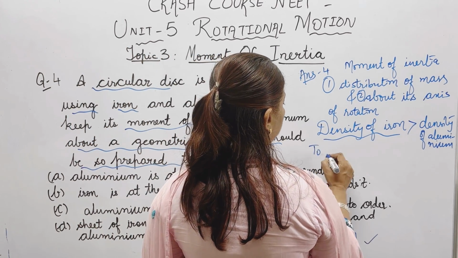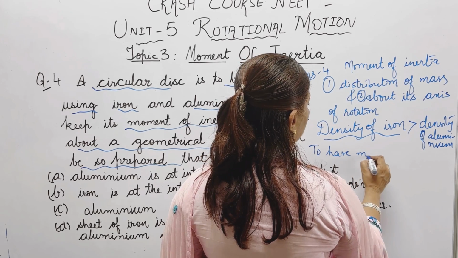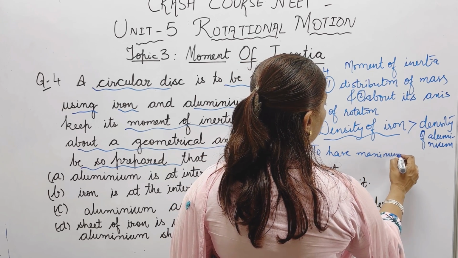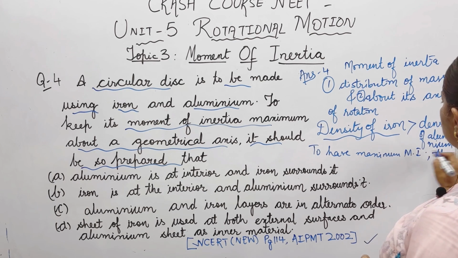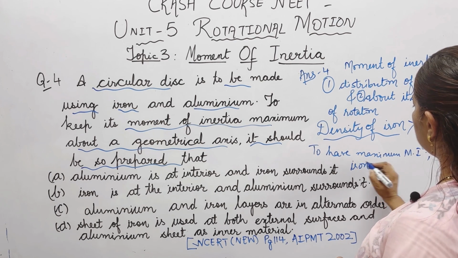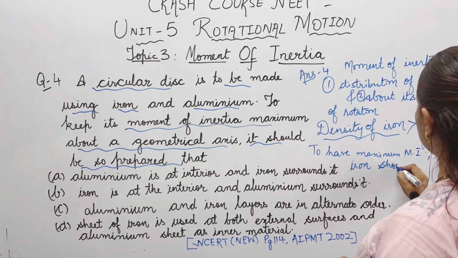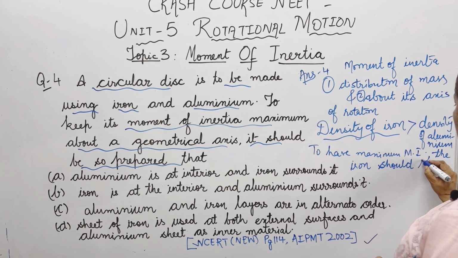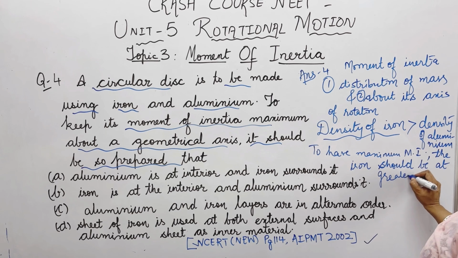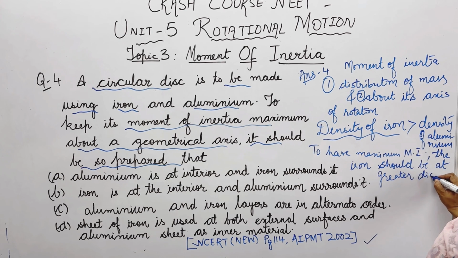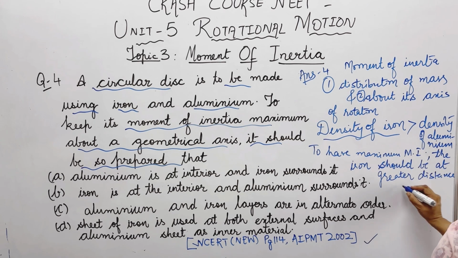To have maximum moment of inertia, the iron should be at greater distance from the axis of rotation.